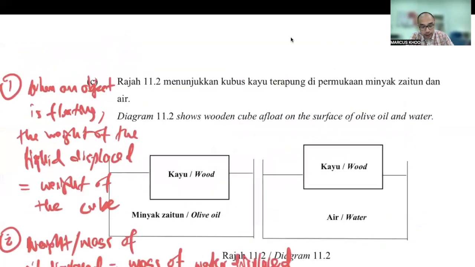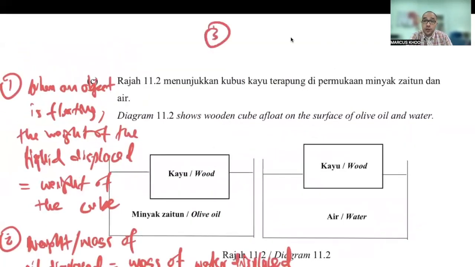Thirdly, you need to say that the main difference here is actually the density. How does the density affect this? Mass equals density times volume.